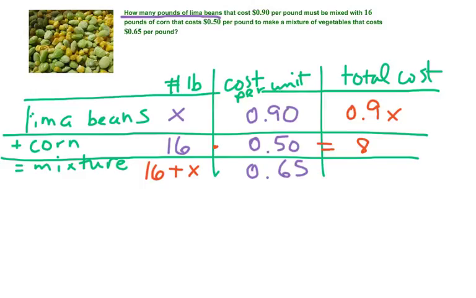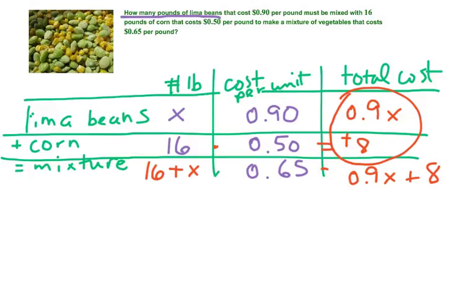And my cost for my lima beans in the mixture plus my cost for the corn in the mixture is going to give me my total cost for the mixture. So let's go ahead then and add these together, right? 0.9x plus 8 is an expression for the total cost of the mixture.